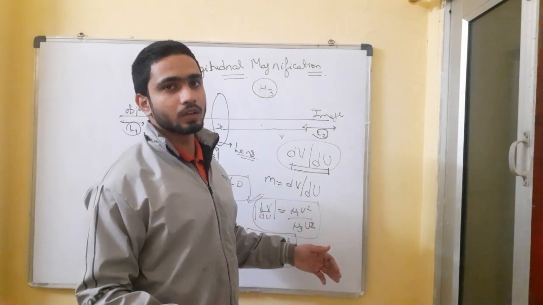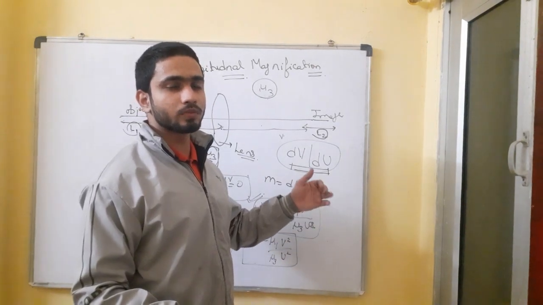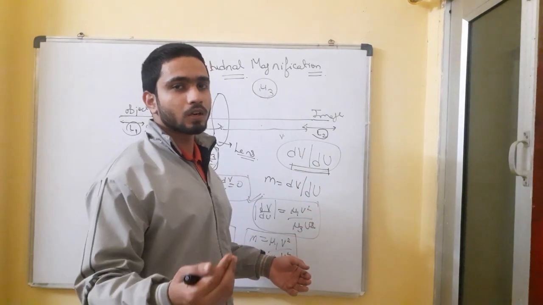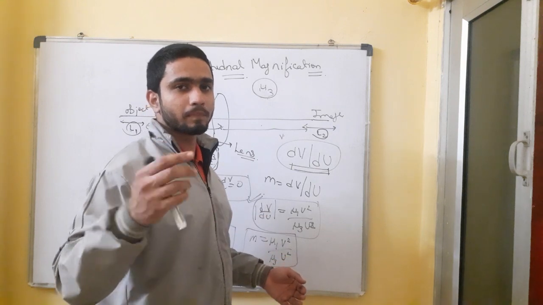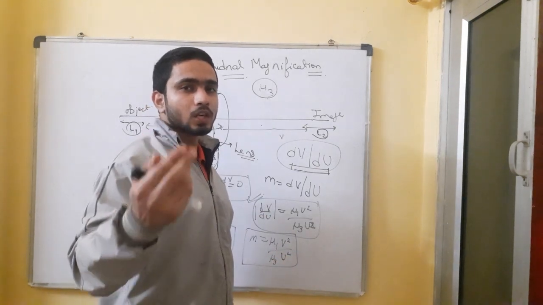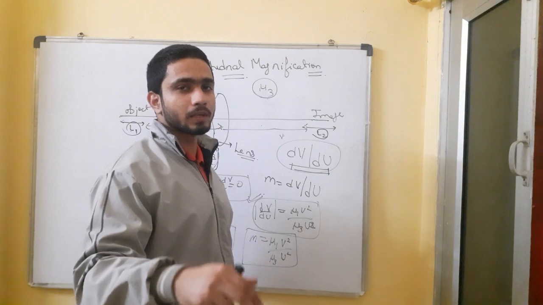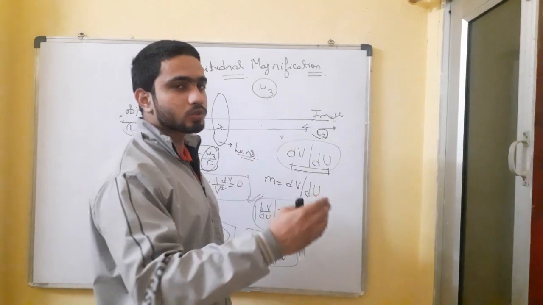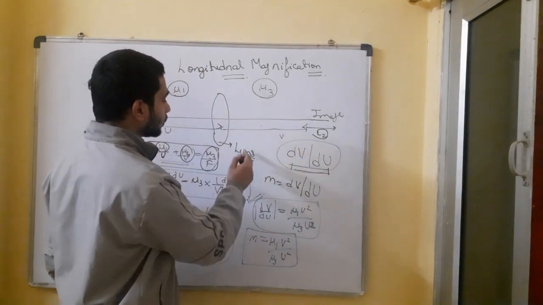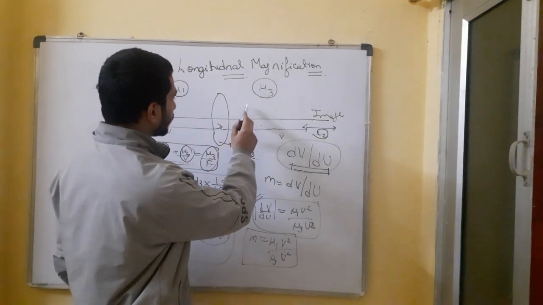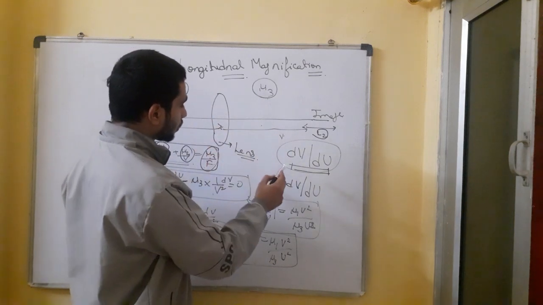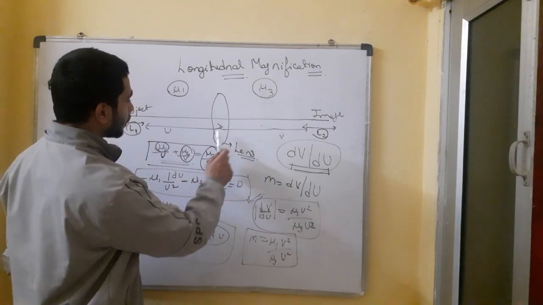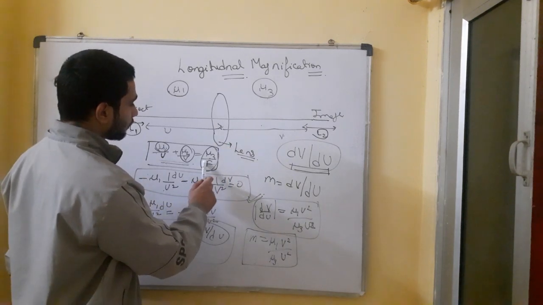We will write the refractive index of that object on the upper side, then the distance of that object from the mirror or the lens, plus the refractive index of the image medium upon the distance of the image, is equal to a difference. If it is a spherical mirror, then the difference of both refractive indices upon the center of curvature or radius, and if it is a lens, then the focal length f.